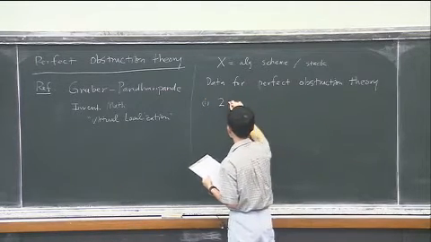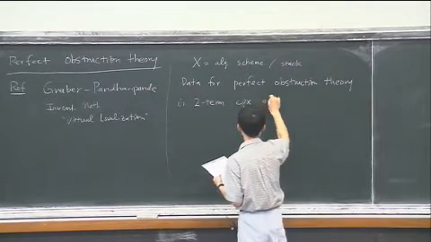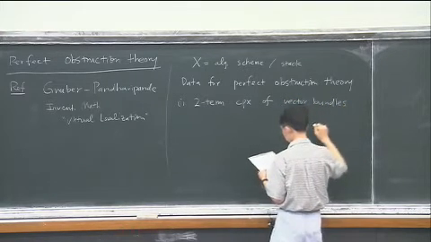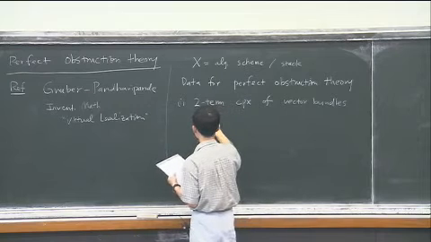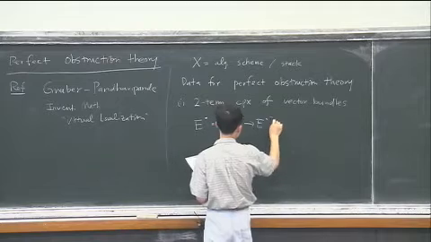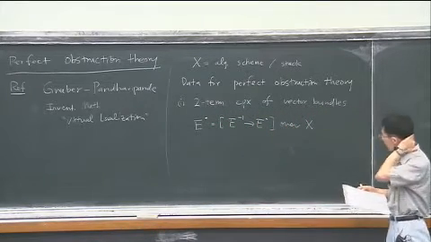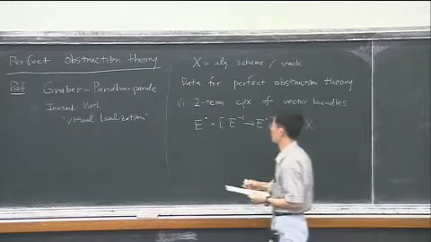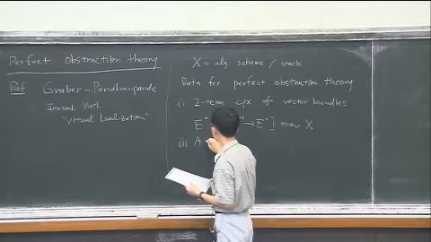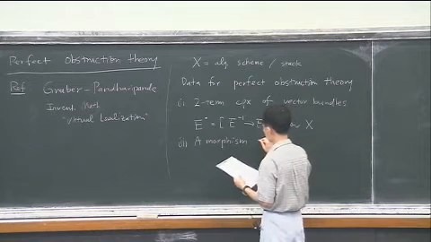First is a two-term complex of vector bundles over X. And then a morphism. Let me first copy it, and I'll explain it a little bit.